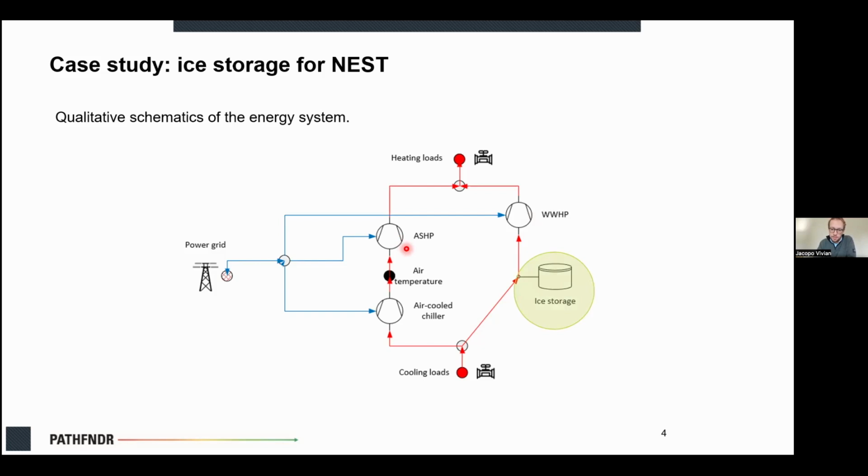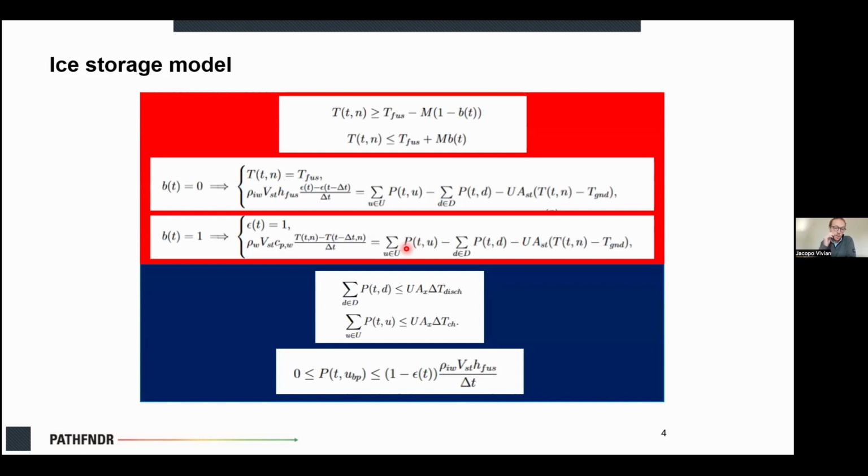So this is the main component, and this is the bypass pipe. This is the ice storage model. It is slightly more complicated than sensible storage systems, because we also have the latent phase, where the temperature of the storage is constant and equal to the fusion or melting temperature of water.